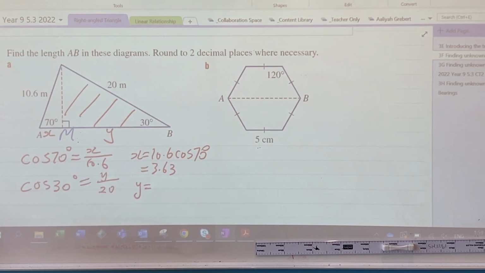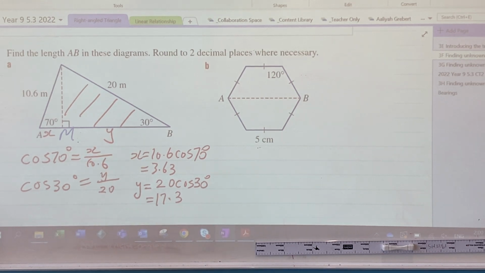So 20 times cos 30, which gives 17.3. Now, how do I find the total of AB? Just add them together.